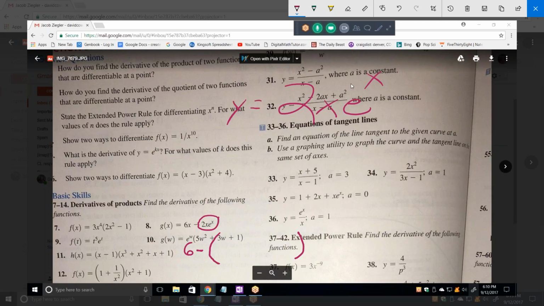Let's assume that's y. What would y prime be? Would it be 2x and then times e to the x? Then just 2 times e to the x. So all of this goes in these parentheses.